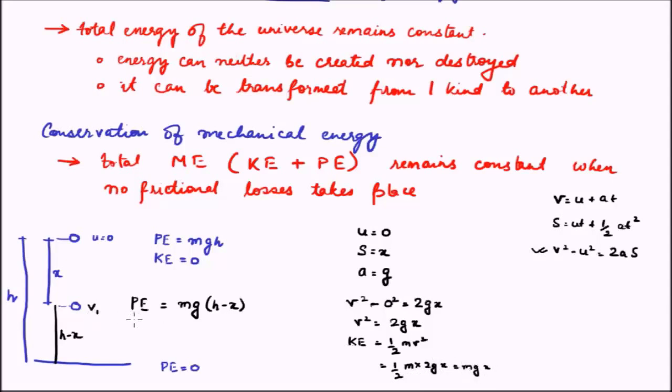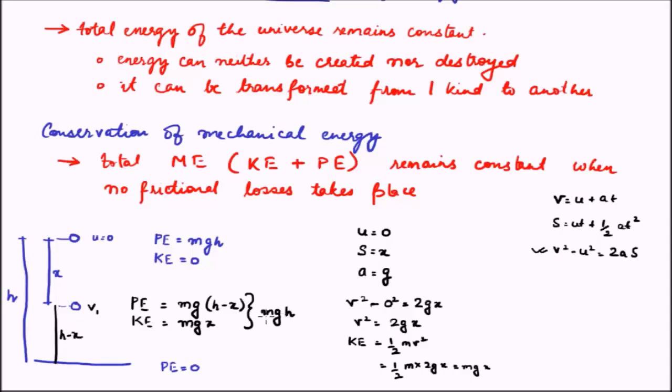So the kinetic energy at this intermediate position is equal to mgx. Now if we sum up this potential and kinetic energy, we see that the sum is mgh minus mgx plus mgx. That gives us mgh.